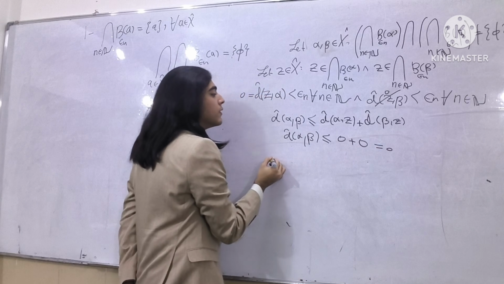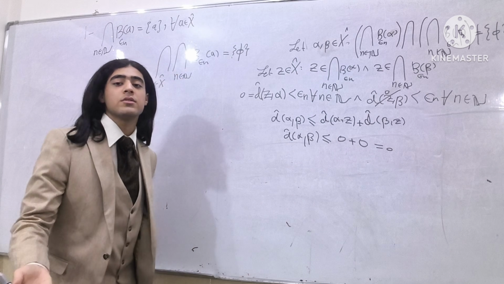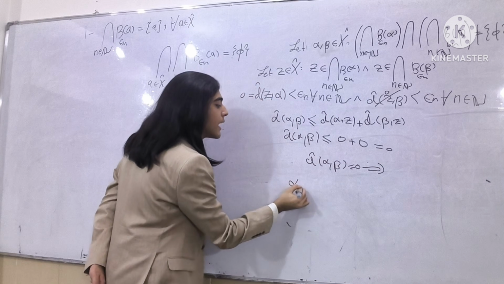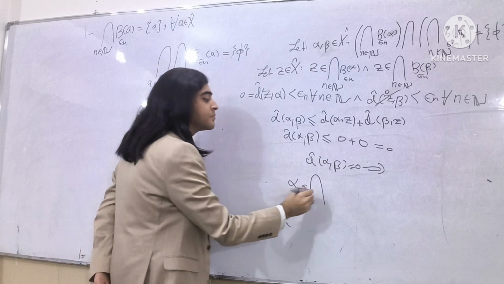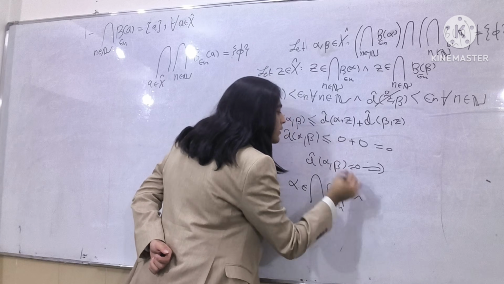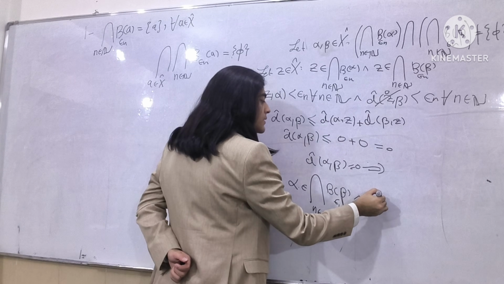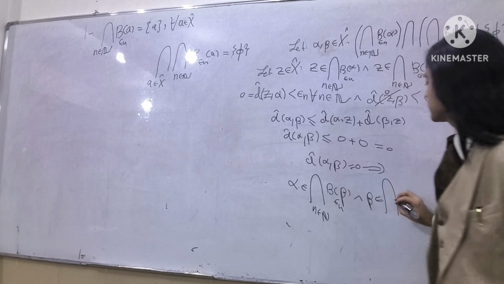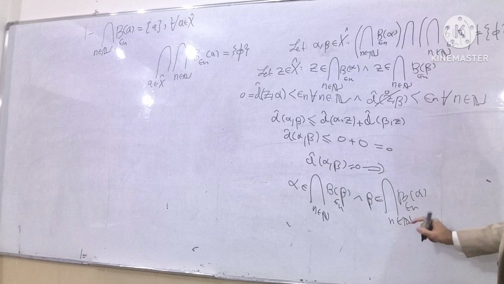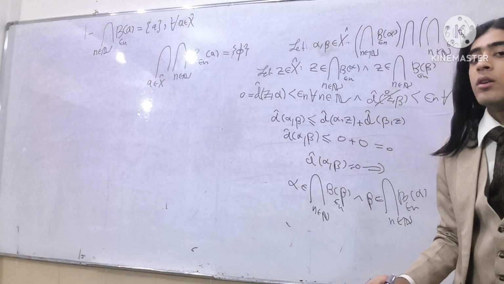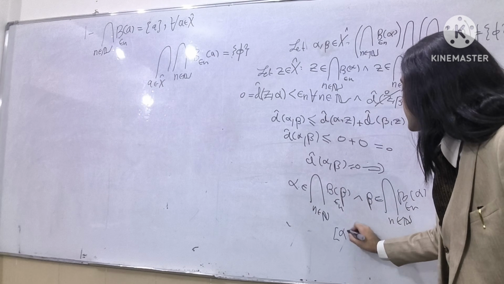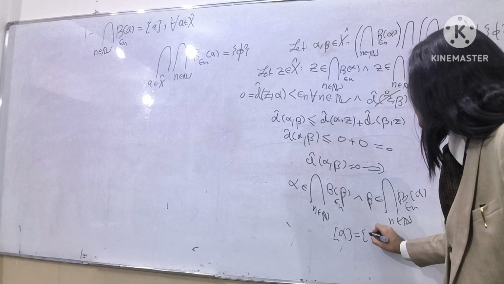So I have 0 here. The metric cannot be less than 0, so it's 0. The metric of alpha beta is equal to 0. That means alpha belongs to the intersection of the balls around beta with epsilon n, and at the same time beta belongs to the intersection of open balls around alpha, which means immediately that the equivalence class of alpha is equal to the equivalence class of beta.